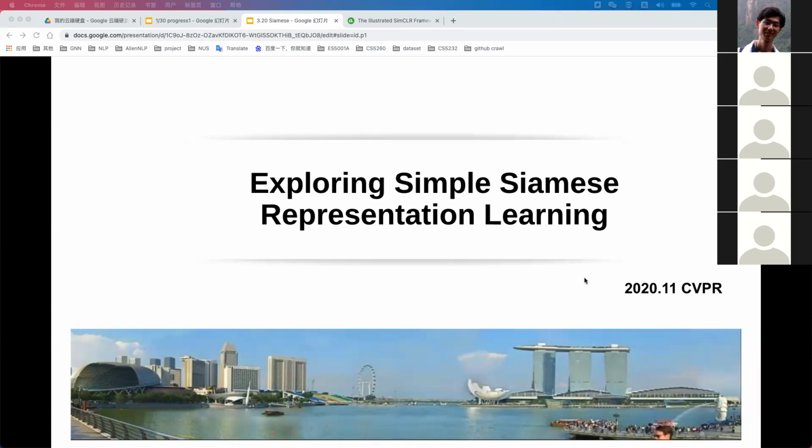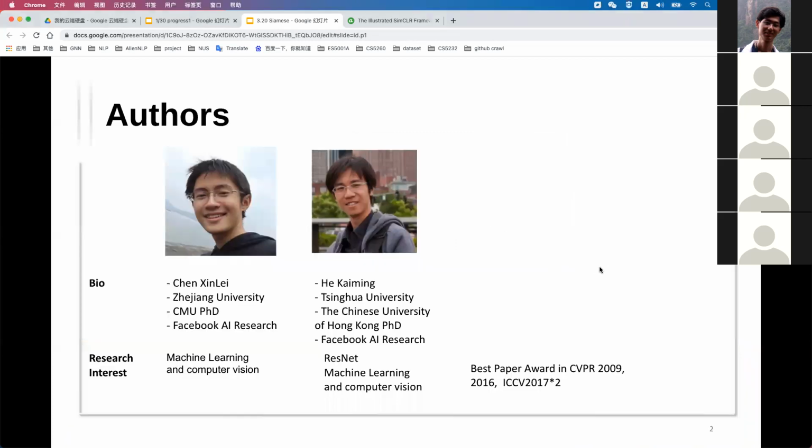Oh, hello. So today our paper is Exploring Simple Siamese Representation Learning. It's a paper from CVPR 2020. The authors of this paper are Chen and He Kaiming.